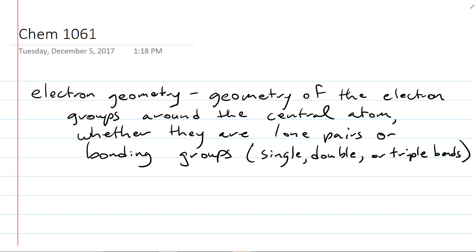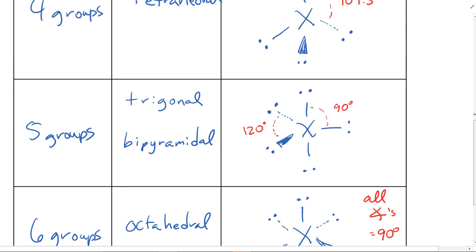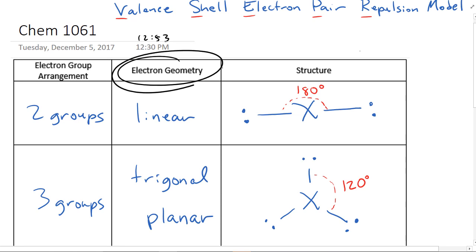A triple bond would still count as one group, even though there's 6 electrons. In a double bond, even though there's 4 electrons, a double bond would still count as one group. What we just looked at back on this table, these are the electron geometries.